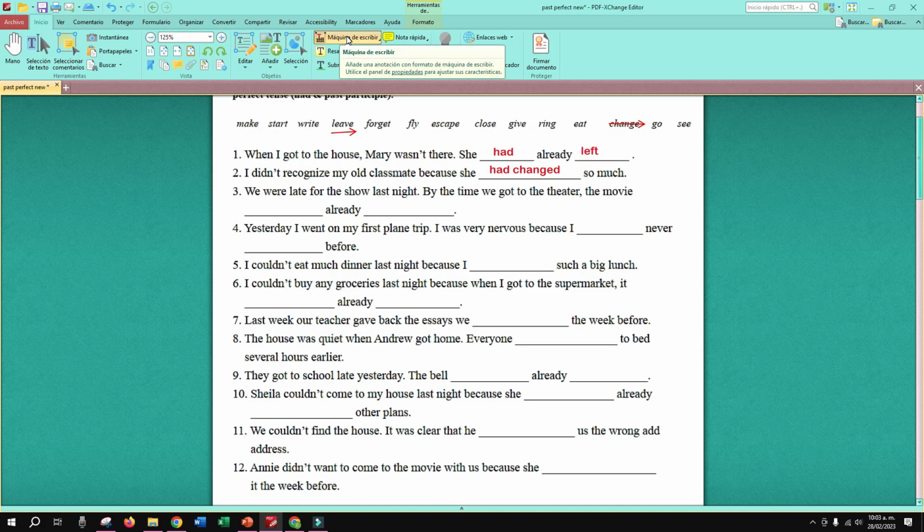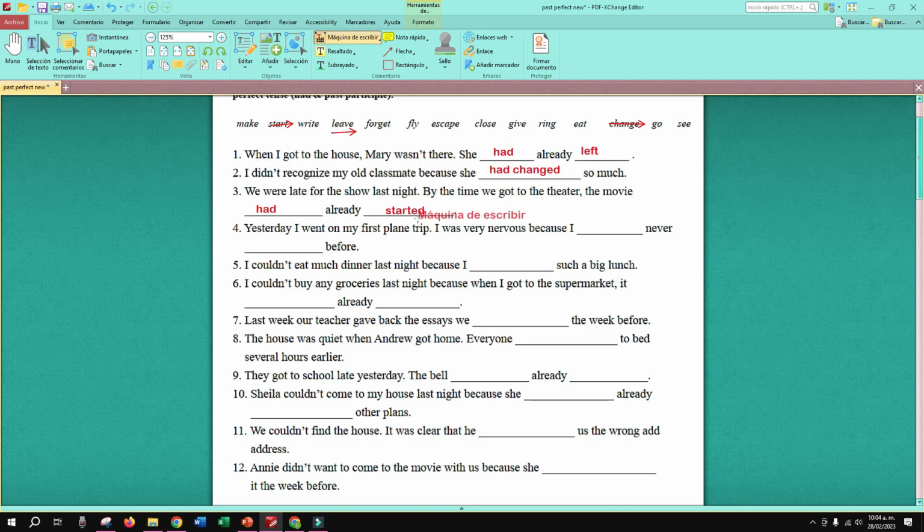We were late for the show last night. By the time we got to the theater, the movie had already what? Started. Yes, that would be that one, right? Start. So we were late for the show last night, but by the time we got to the theater, the movie had already started.